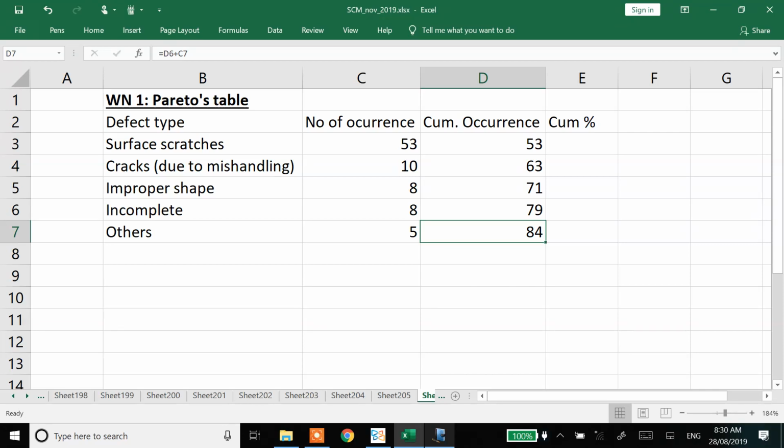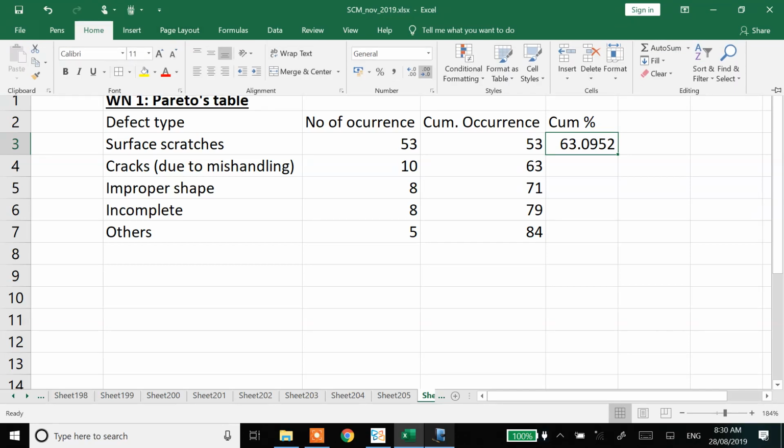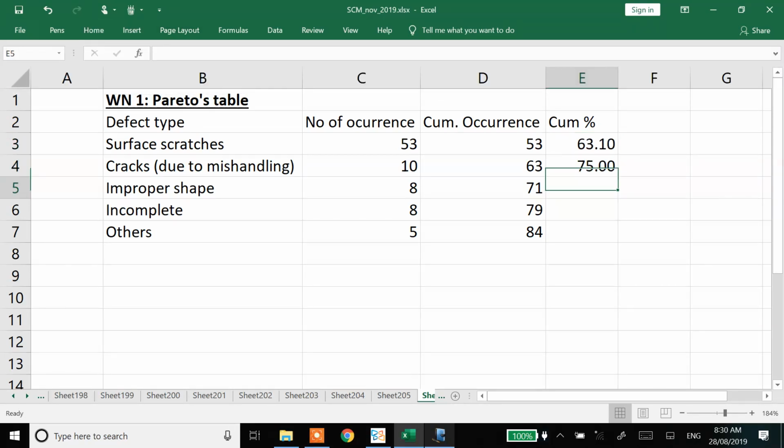Cumulative values. Cumulative percentage is 53 on 84 into 100 to get it in percentage. 63% of defects are due to surface scratch. 75% are due to surface scratch and crack.